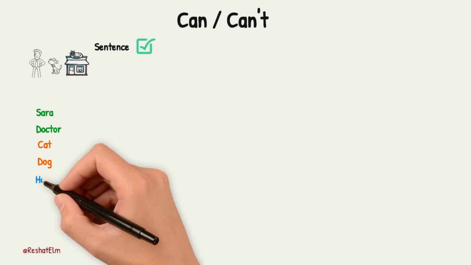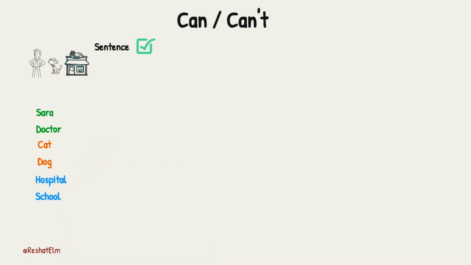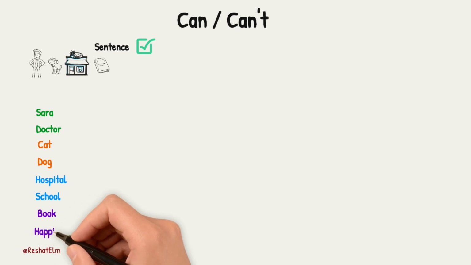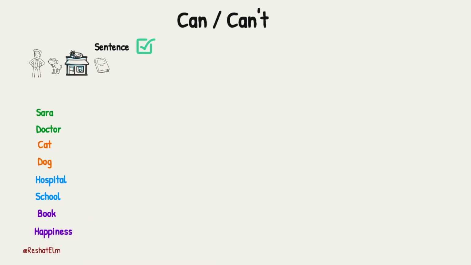Or any word that refers to a place. For example, hospital, school, home, mosque, college, university, or any word that refers to a thing, whether things you can touch, for example, book, chair, iPad, iPhone, hair, mouth, or things you cannot touch, like happiness, sadness, feelings, for example, love.